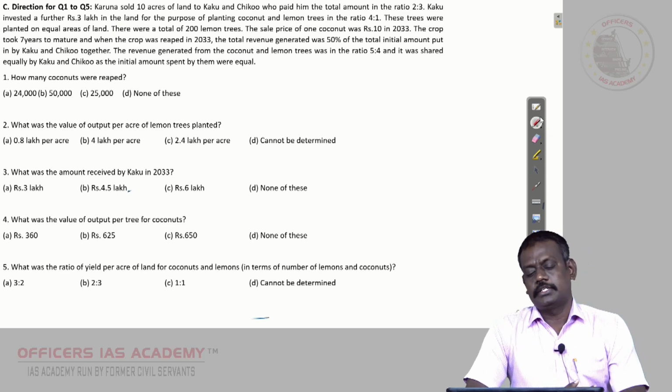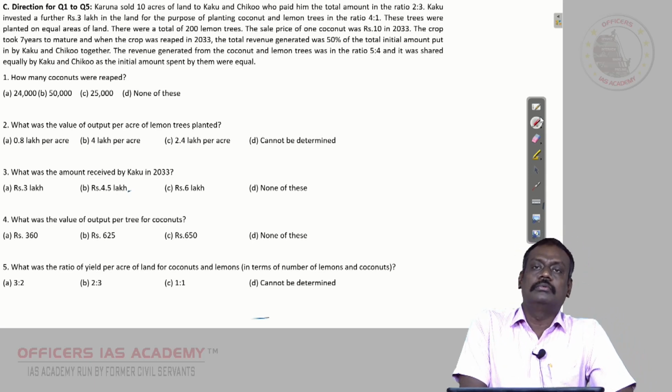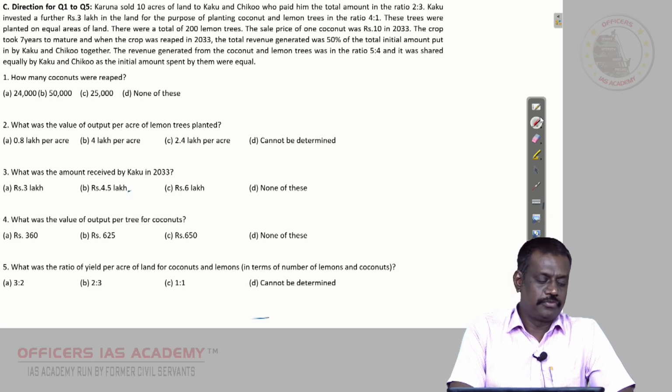Karuna sold 10 acres of land to Kaku and Chikku, who paid him the total amount in the ratio 2:3. Kaku invested a further 3 lakh rupees in the land for the purpose of planting coconut and lemon trees in the ratio 4:1. These trees were planted on equal areas of land. There were a total of 200 lemon trees.